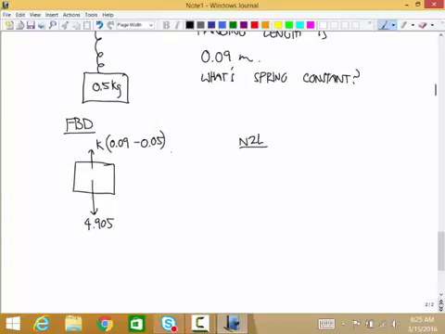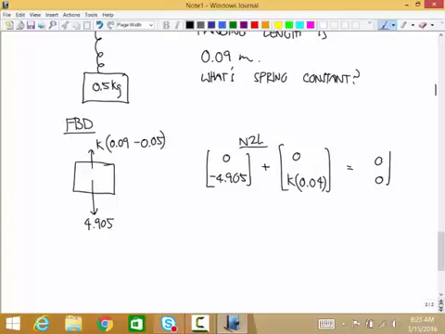So Newton's second law says 0, negative 4.905 plus 0, k times 0.04 is equal to zeros. And so the second equation says 0.04k is equal to 4.905. And so k is equal to 122 newtons per meter.